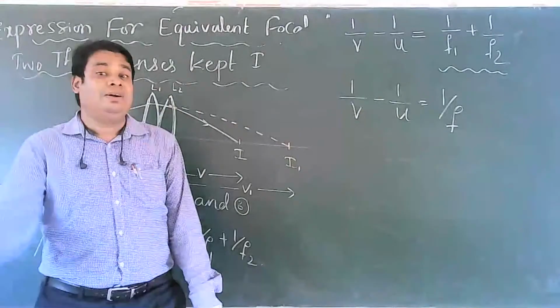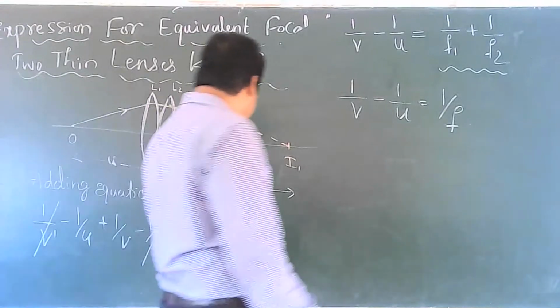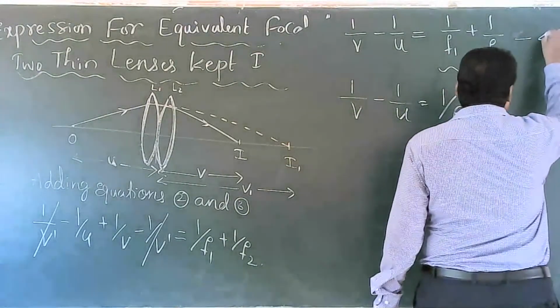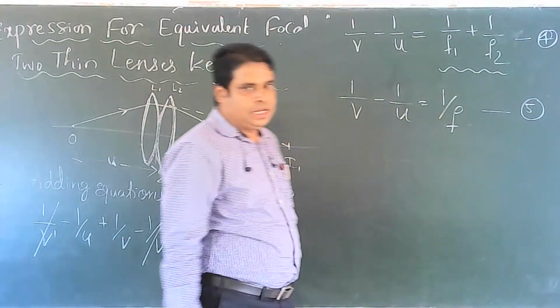Thin lens formula for that combination. Correct? Okay. Say this is equation 4, and this is equation 5.